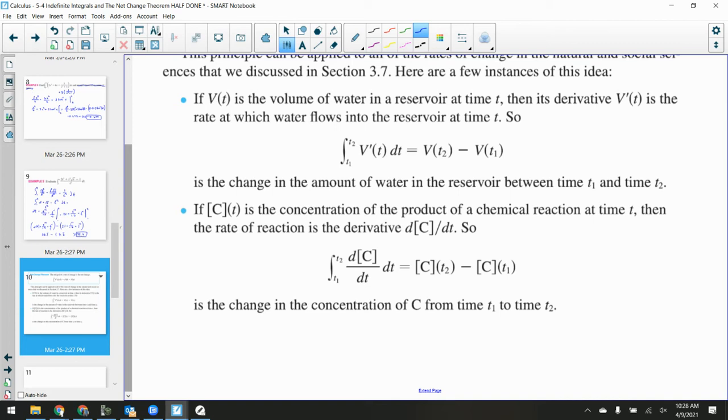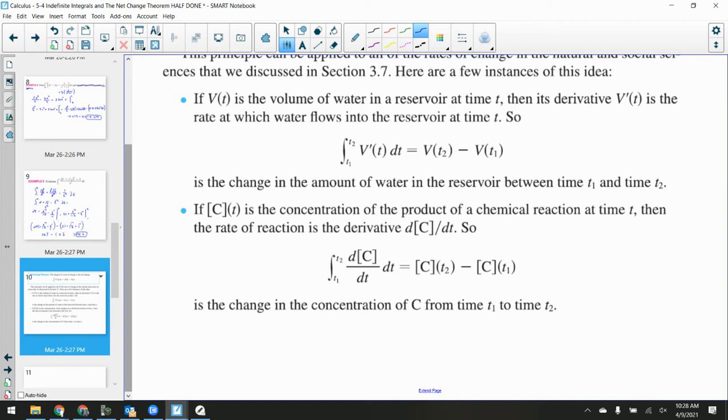If V of t is the volume of water in a reservoir at time t, then its derivative is the rate at which the water flows into that reservoir. Because the rate of change is the derivative, right? So if I take the integral from any two time periods, time 1 to time 2, and plug into the original function, that is the change in the amount of water in the reservoir between the two time periods.